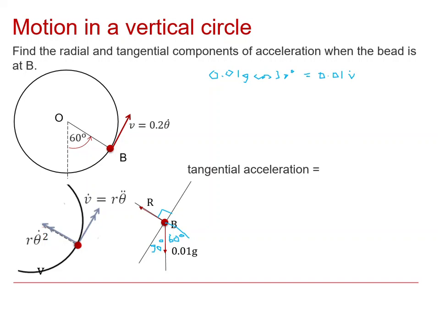Only it's minus v dot because the acceleration, as you see, is directed in the opposite sense to the component which we've just obtained. So from that we can say that v dot is equal to minus g cos 30. That's cancelling that 0.01 again. And g we know is 9.8.